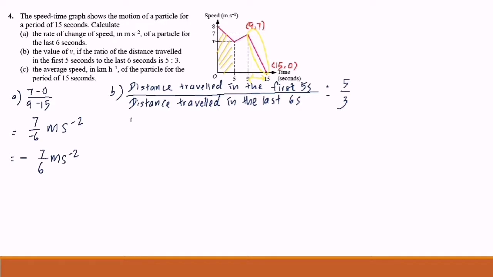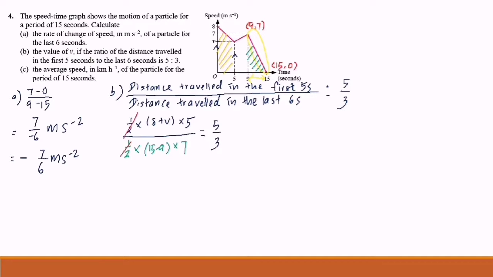So 1 over 2 times 8 plus V times 5, over distance traveled in the last 6 seconds, which is this part, 1 over 2 times 15 minus 9 times 7, equals 5 over 3.